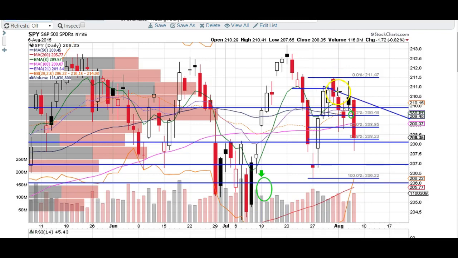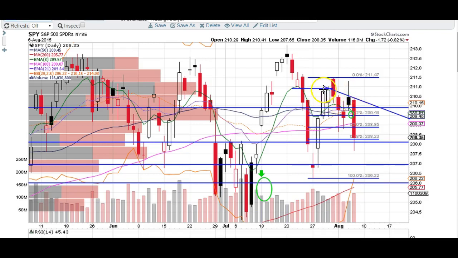So even though we made a high above the trend line, it did not invalidate this trend line because it closed below it. If we would have gone up to 220 on the S&P 500, but ended up closing below this trend line right here, the trend line would still be valid.